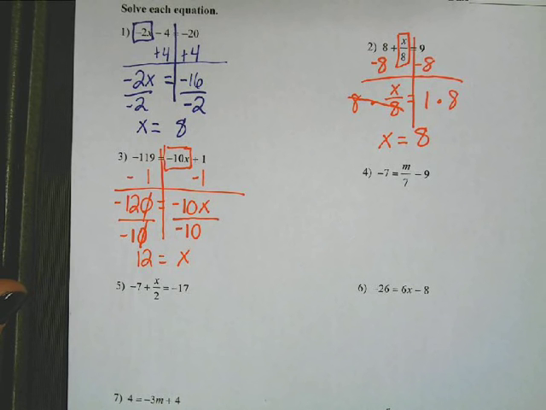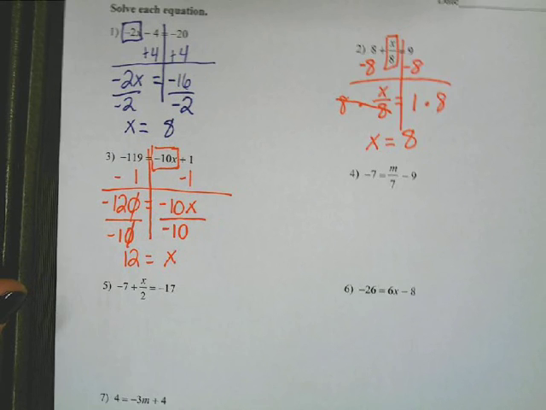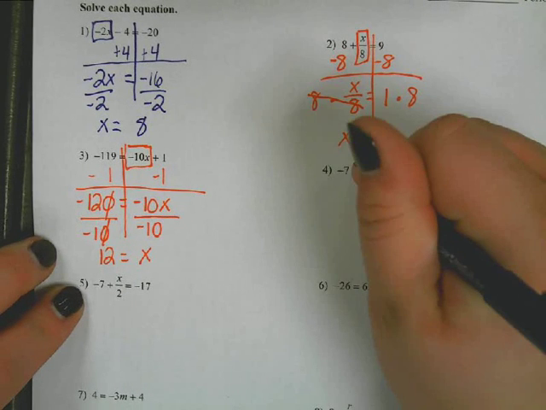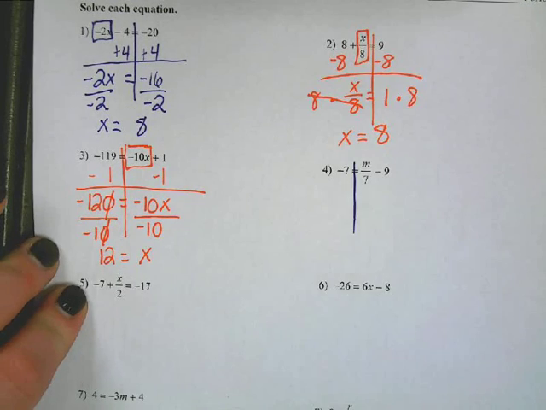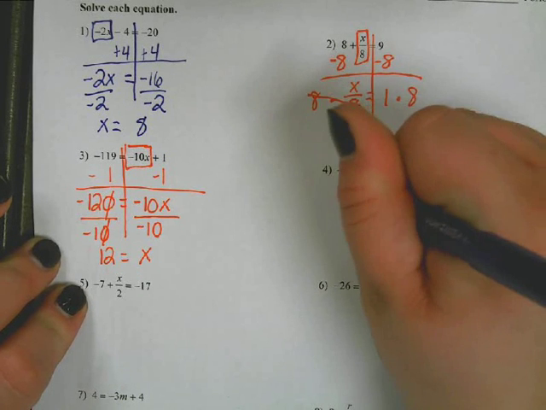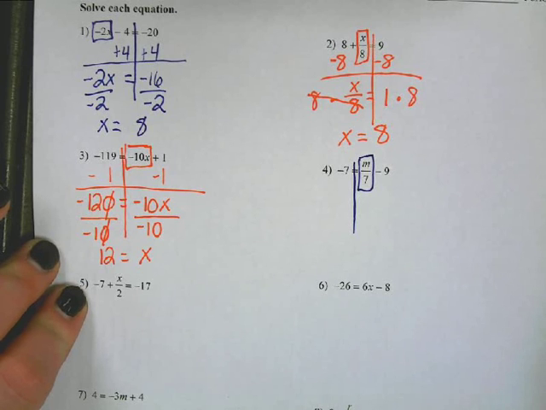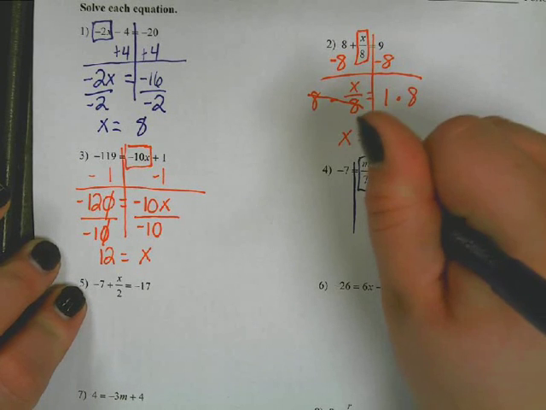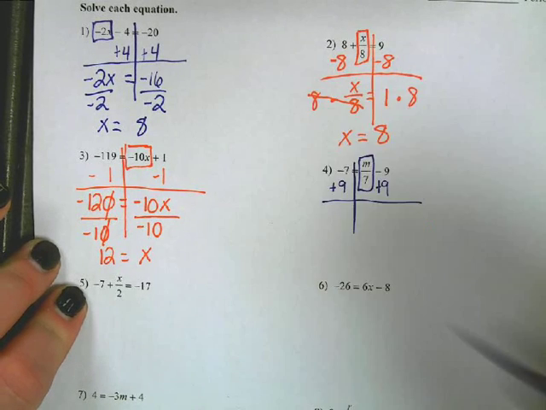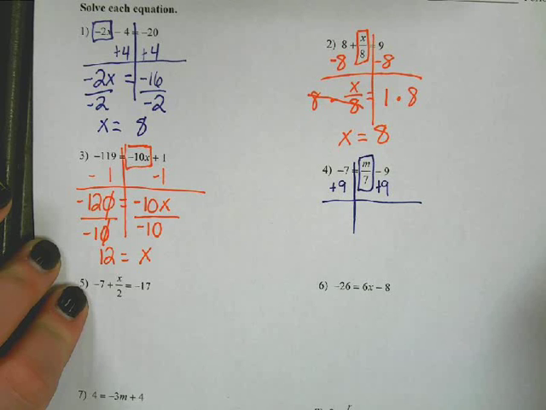Yeah, let's look at number 4. Ooh, it's hard. Draw your line. What am I boxing? M divided by 7. Now what am I doing? Positive 9. Add 9 to both sides. So I had negative 7 plus 9. Got different signs, so what do I do?